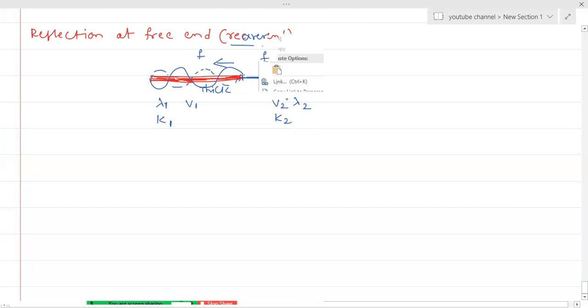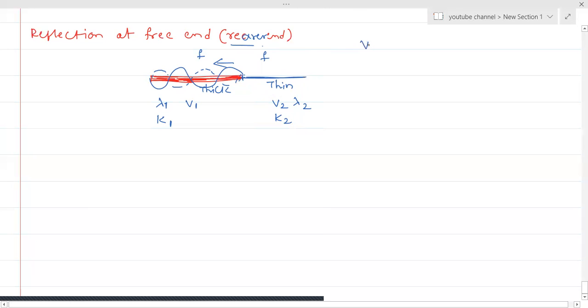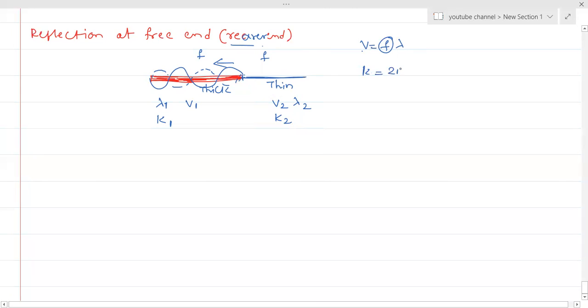When the medium changes, the velocity of the wave changes. When the velocity changes, according to our previous discussion, frequency is constant and v is proportional to lambda, so the wavelength also changes. When the wavelength changes, the wave propagation constant also changes. So you need to understand that.